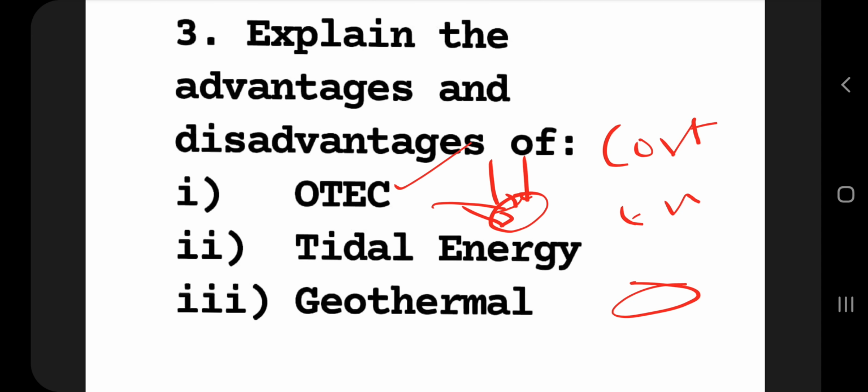Those are the disadvantages. The advantages: it is freely available, it is renewable, it is environmentally friendly, you can carry it anywhere, you can get the energy regardless of the temperature of the surroundings, and the area does not matter, anywhere you go you can get the energy. So those are the advantages.